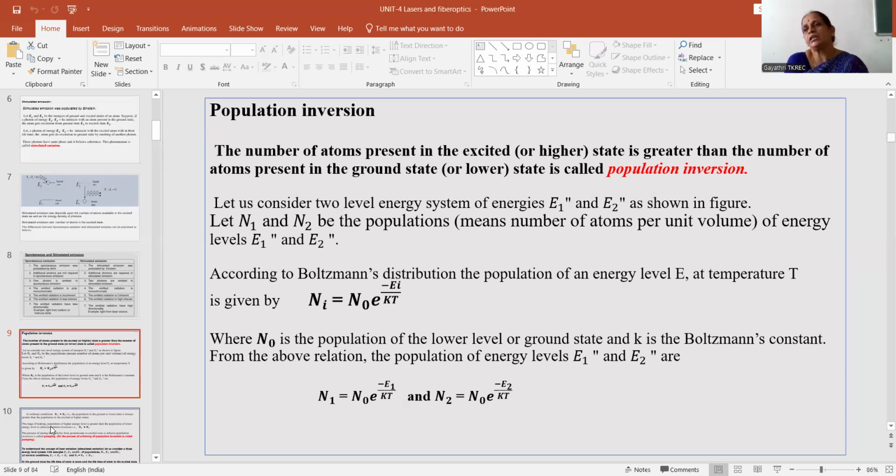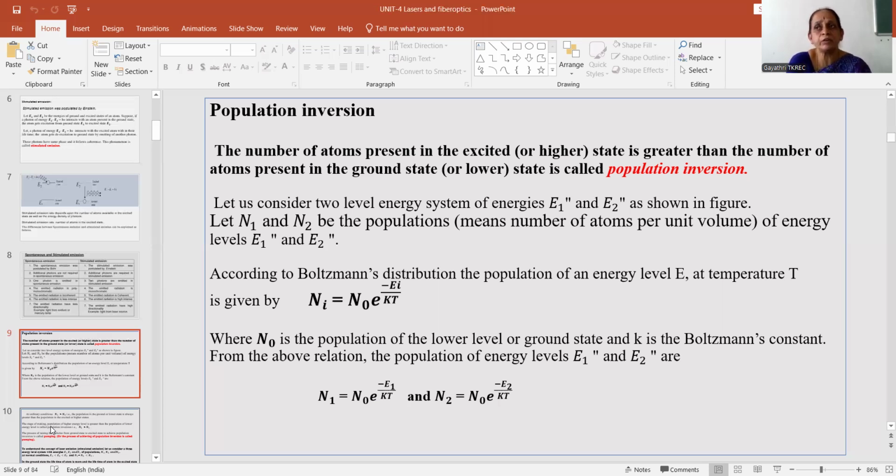Before going to talk about this population inversion, we all know that we are considering the energy states as lower energy state E1 and higher energy state E2, that is excited state. Generally, the number of atoms or the population of ground state is more compared to the population of higher energy state.